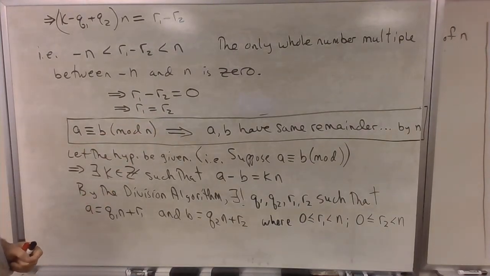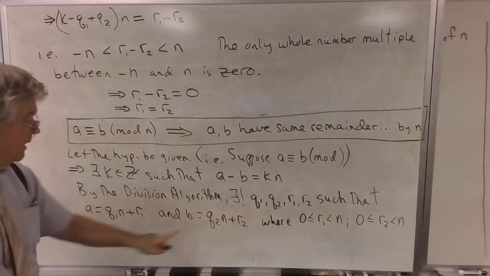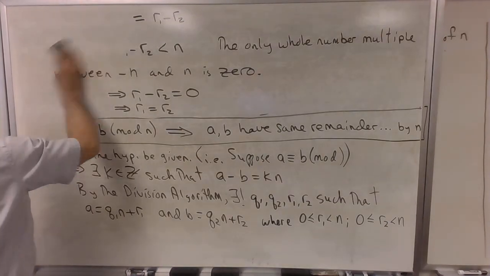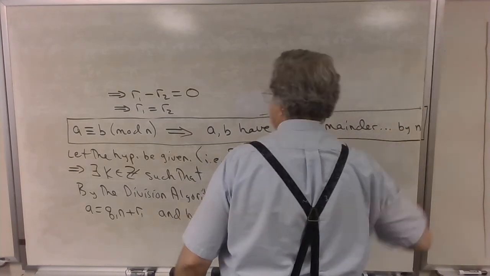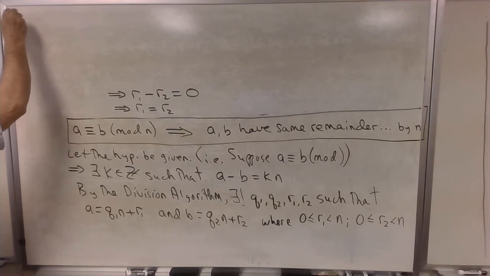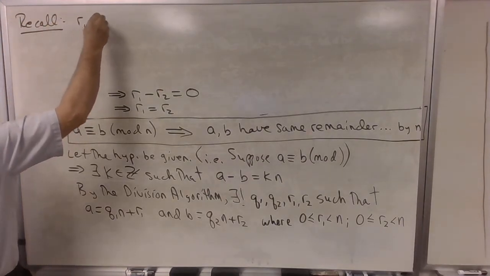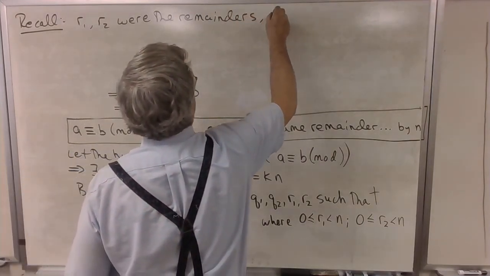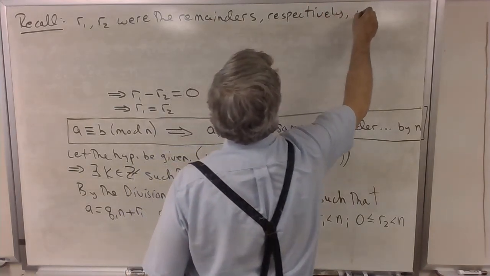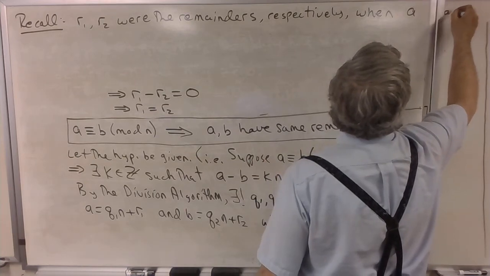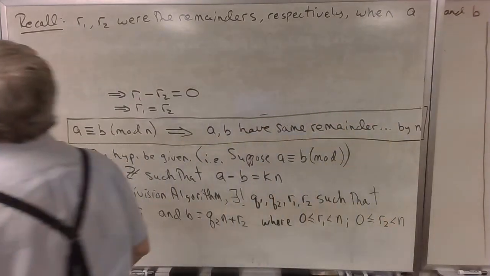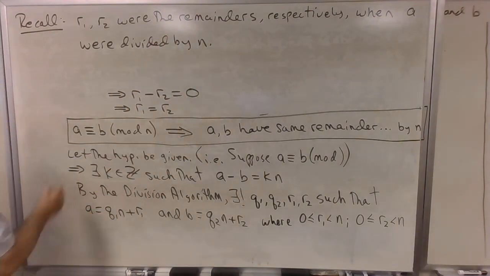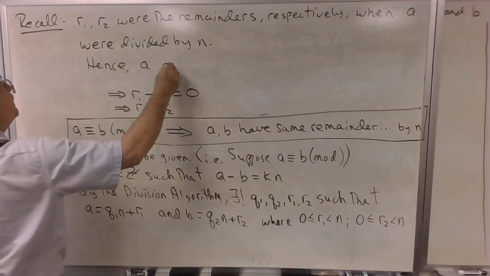They were the remainders, respectively, when we divided a and b by n. Hence, a and b yield the same remainder.